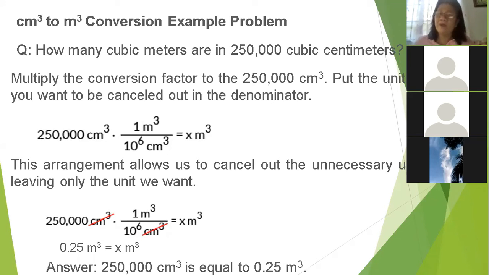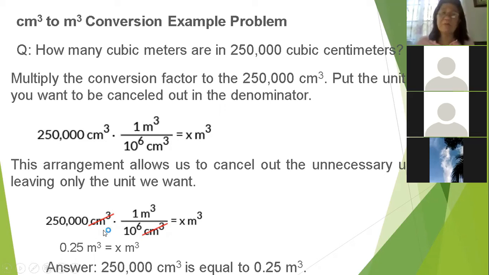Your multiplier here is 1 cubic meter, or 1 meter cubed, which is equivalent to 100 times 100 times 100. That is 10 to the 6 cubic centimeters. This is now your multiplier. Therefore, your given is 250,000.